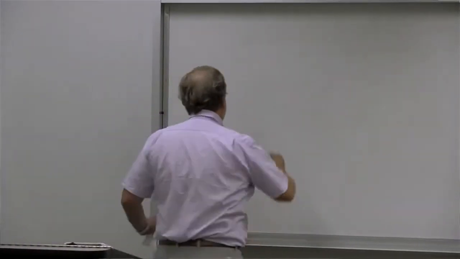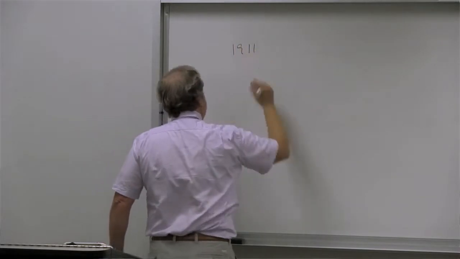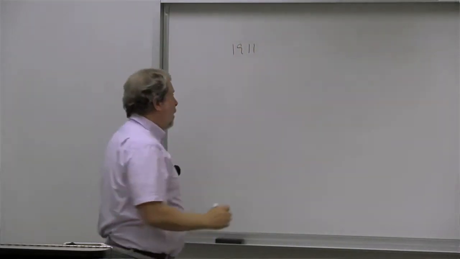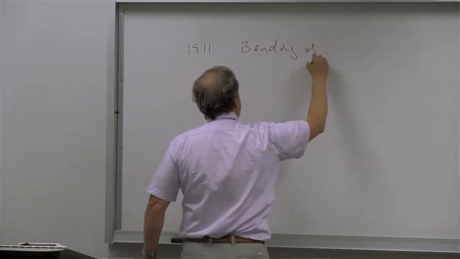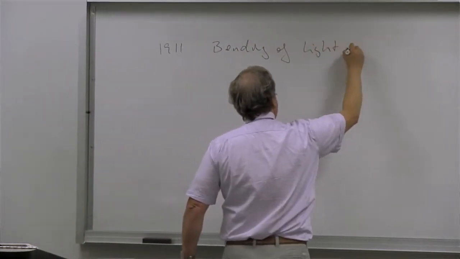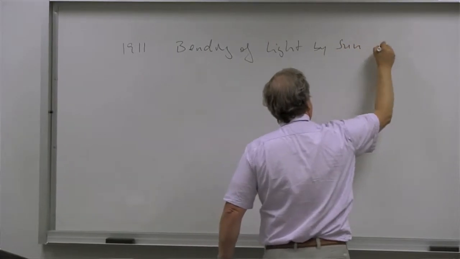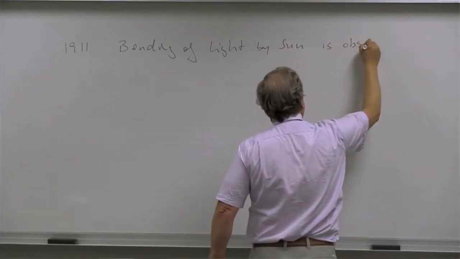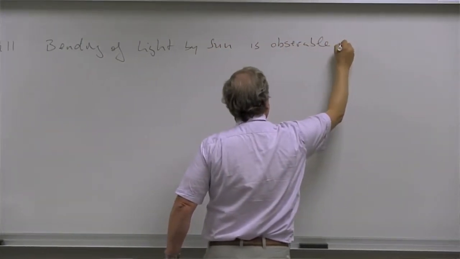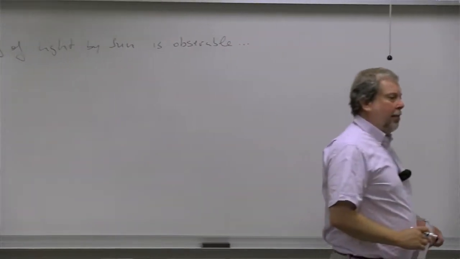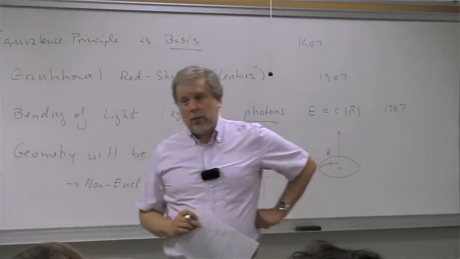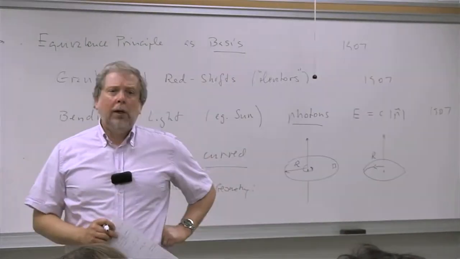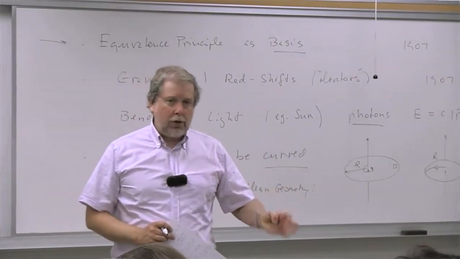So in 1911, he starts to realize that the bending of light by the sun is observable. How does he do that? Well, he has an order of magnitude estimate, which is based on the energy of a photon.